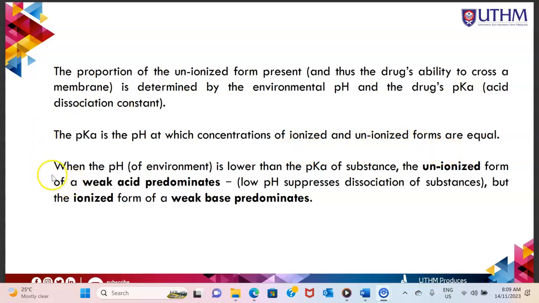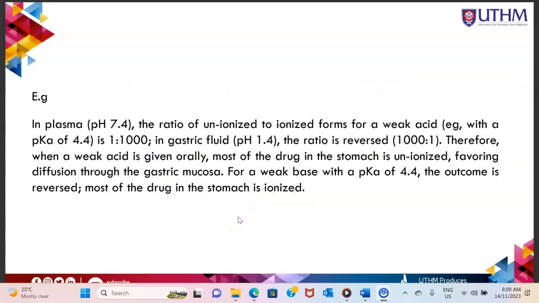So when the pH of the environment is lower than the pKa of the substance, the unionized form of a weak acid predominates. So low pH will suppress the dissociation of the substance, but the ionized form of a weak base predominates.